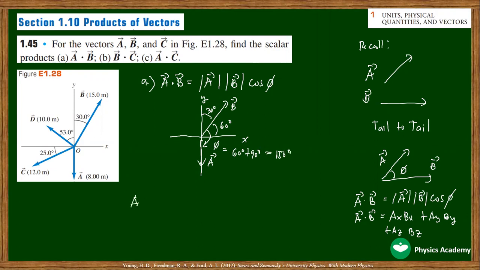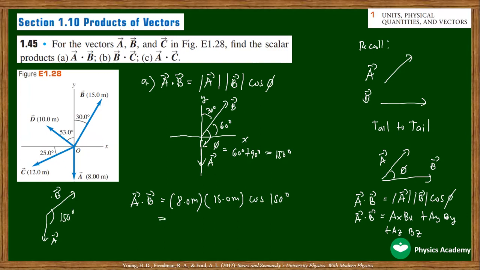So A dot B equals the magnitude of A, which is 8.0 meters, times the magnitude of B, which is 15.0 meters, times cosine of 150 degrees. This is vector B and this is vector A, and the angle between them is 150 degrees.